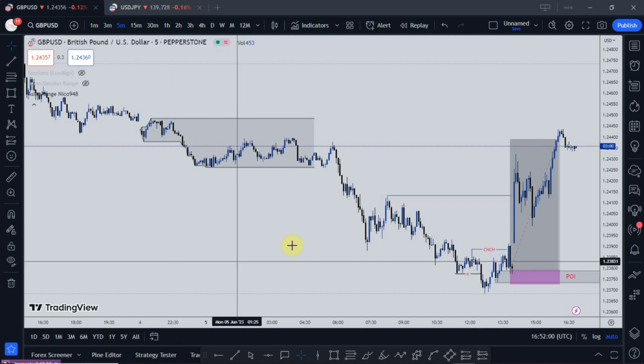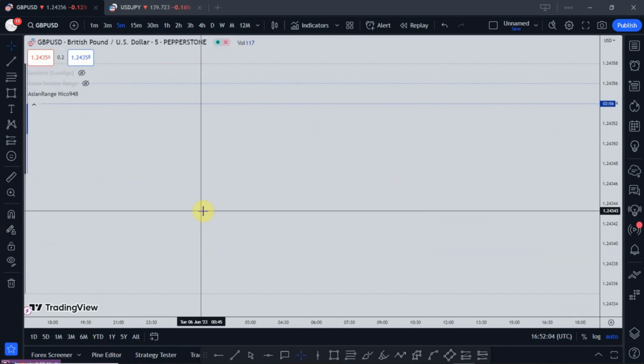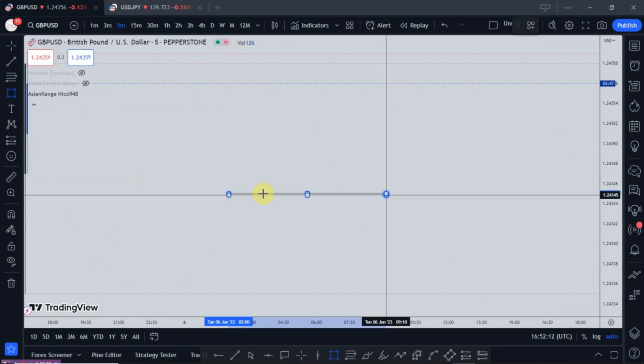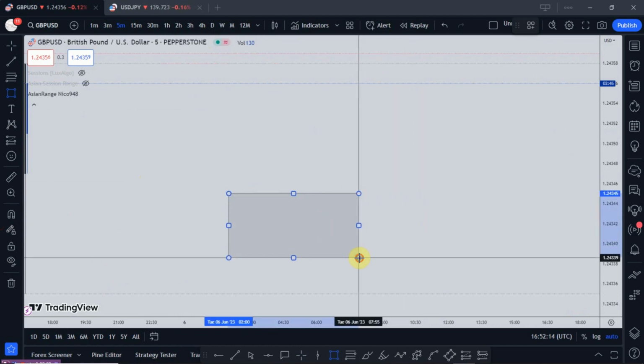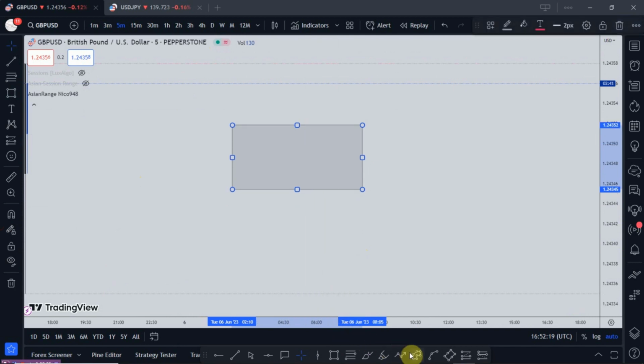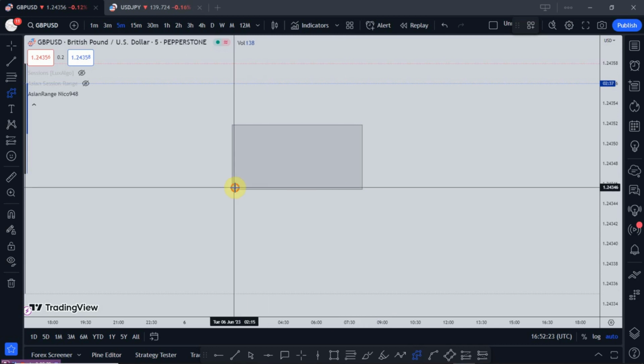Before I go to the strategy, let me show you what we are expecting to see. If we have the Asian box, this is the Asian range, and price is trading inside it.